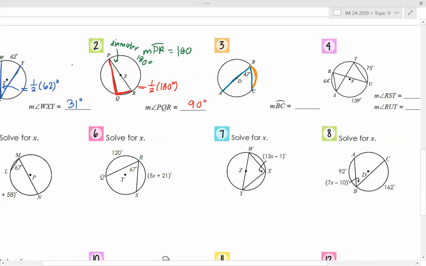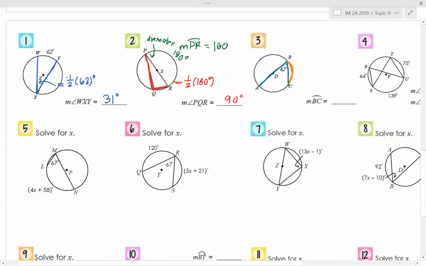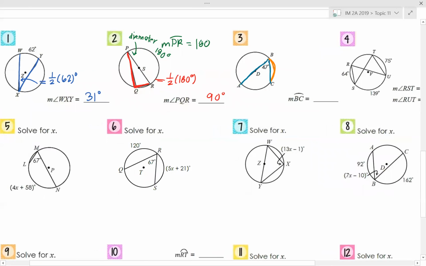So this is like the opposite of the last 2 problems. So remember, if I divided by 2 or multiplied by 1/2 to find the angle, that means I'm going to multiply by 2 to get this arc. So this arc here is 2 times 47, which is 94 degrees.